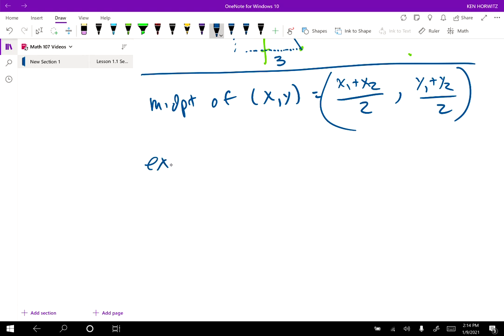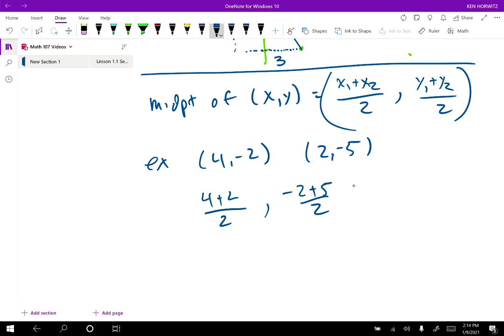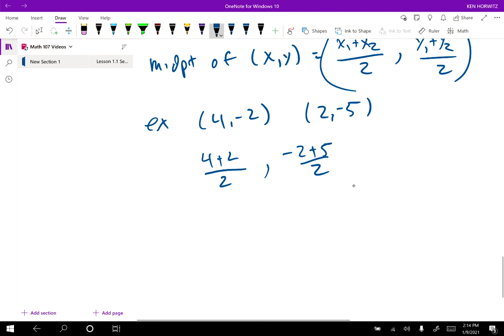So the example I'm going to give you is (4, -2) and (2, -5). And then we're going to find the midpoint. If I take the two x's and add them up, I get 4 plus 2 over 2. Take the two y's and add them up, I get -2 plus -5 over 2. And again, I want to put everything in most simple form.